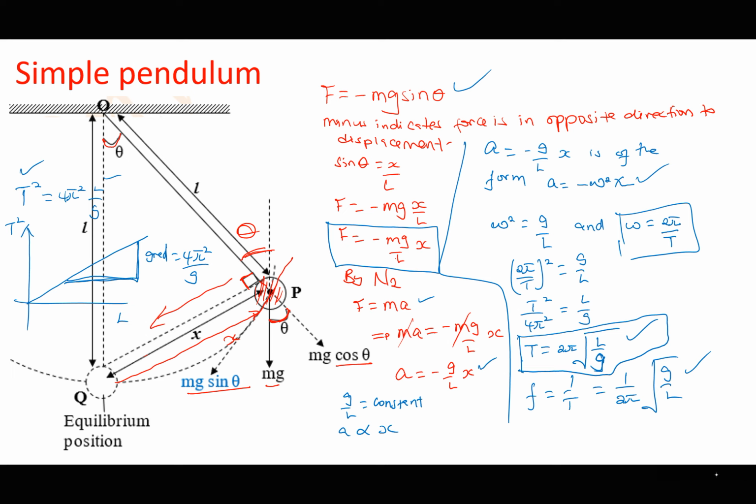However, in practice, the graph that I've just sketched may not pass through the origin, because there are a few things which may affect the motion of the pendulum. Number one, there could be air resistance, which later on we shall say causes damping.